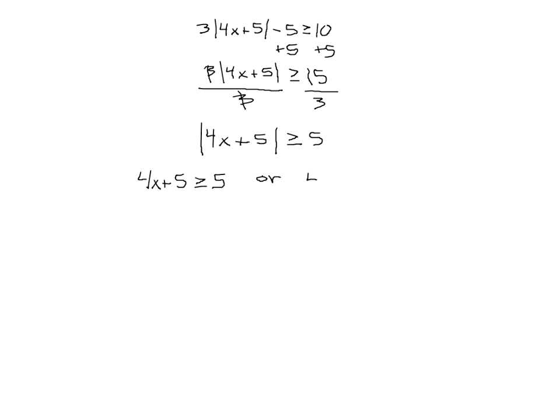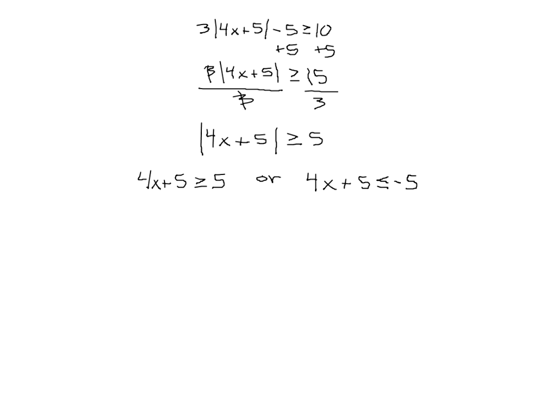And the second one, you're going to have to flip your symbol and change the sign of what's on the right. Oops, and I did not flip my symbol. Okay, less than or equal to negative 5.